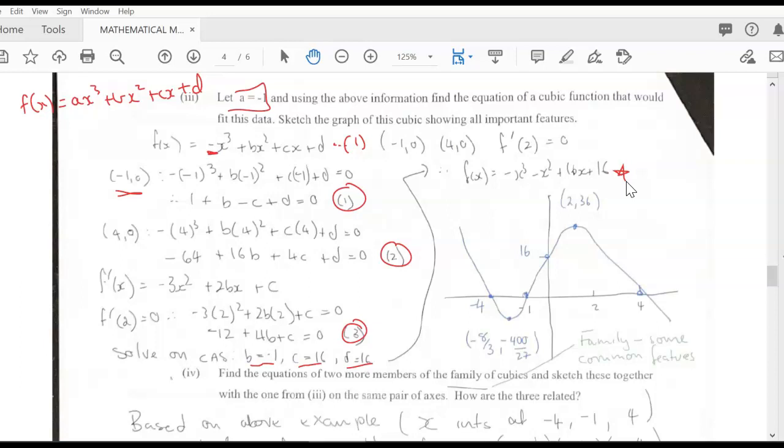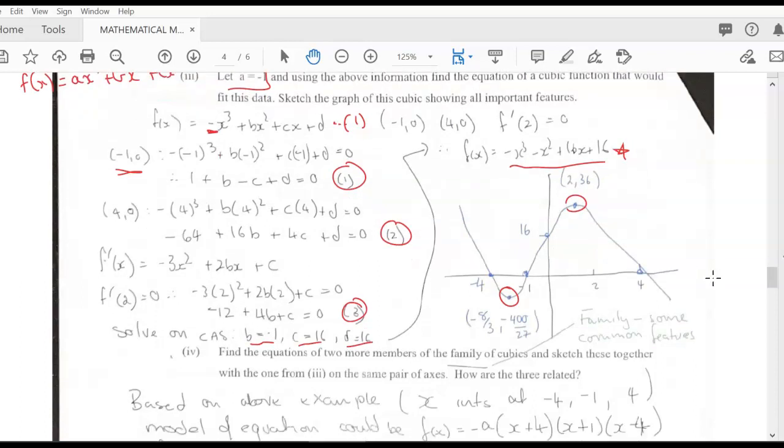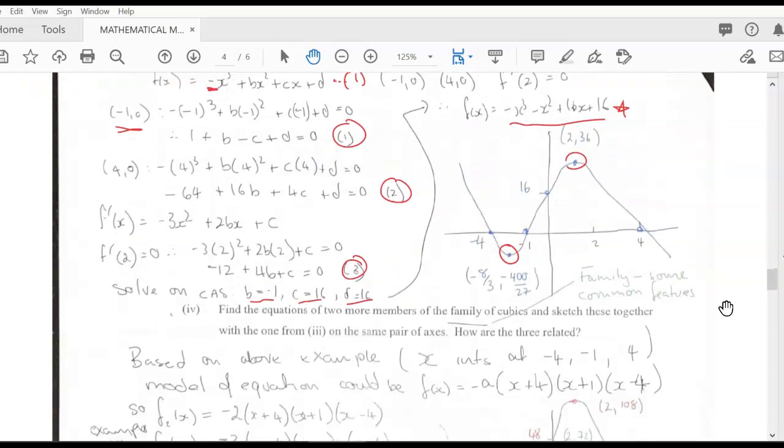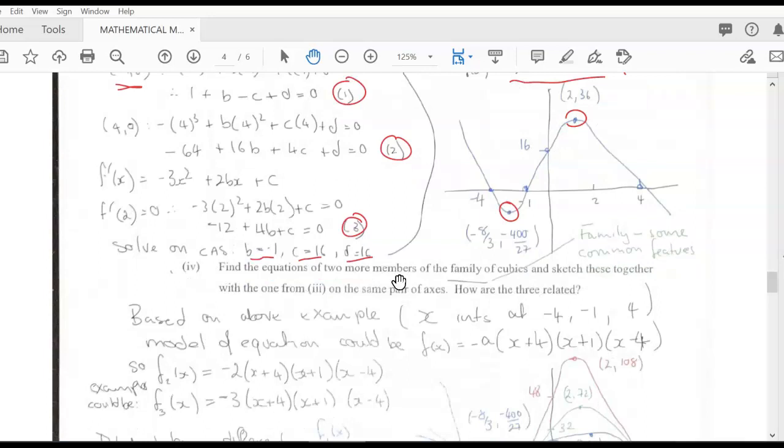So using this function, finding the derivative, and then letting that derivative equal 0 will give you this value here and this value here. But something like this, we should do as much as you can on the calculator. Just make sure you show your working like this. There's nothing wrong with solving it on your CAS, but show where those 3 equations have come from.